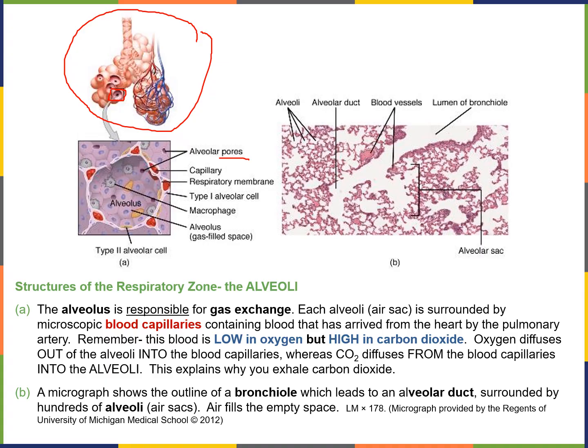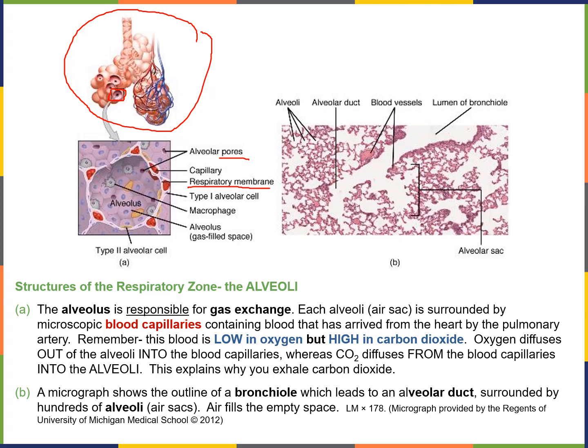What I would like you to appreciate is that the alveolus is where the gas exchange occurs. Gas exchange occurs by diffusion. Diffusion is most efficient if gases need to pass through a very thin barrier or membrane. So we have what is called a respiratory membrane that is made up of the blood capillary membrane.